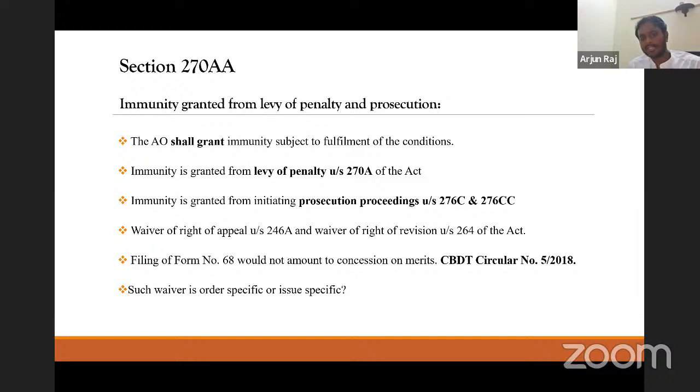But according to my understanding, the provisions of 270AA talk about not challenging an order. So it should be considered as order specific and not issue specific, is my understanding. Subject to that, I hope I'll get different ideas from the people at the end of the presentation. So this is with respect to the immunity granted.